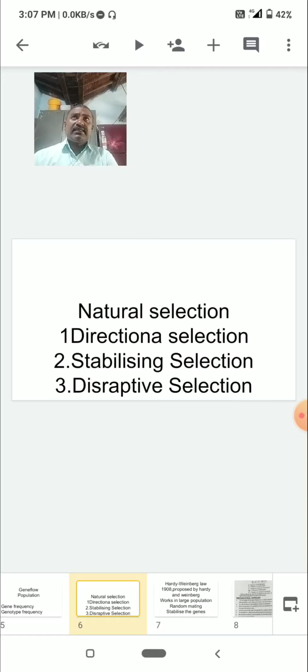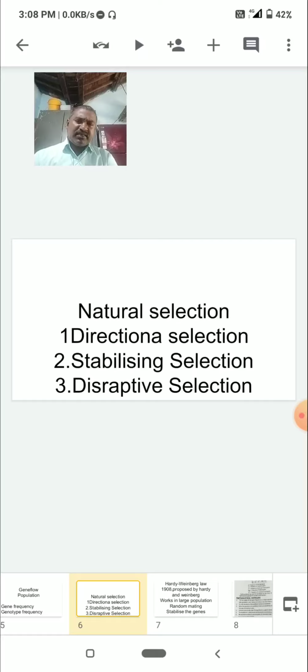Whether that changed character is useful to the organism or not: if the character is very useful to the organism in a changing environment, that character is accumulated in the organisms, transmitted to their offspring, and passed on generation after generation. Here nature selects that particular character. That is called natural selection.